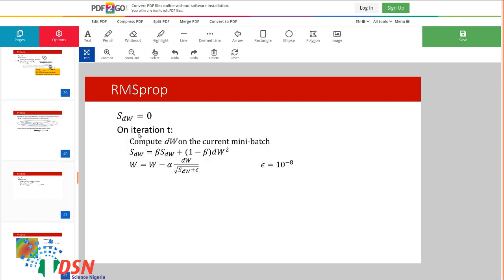Okay, so the algorithm for RMS prop is relatively easy in here. This epsilon is for the stability of the algorithm. If we had S of dW equal to 0, this is to avoid crashing of the algorithm.